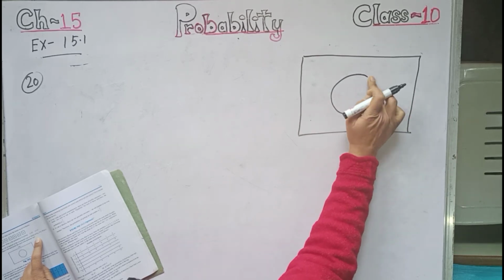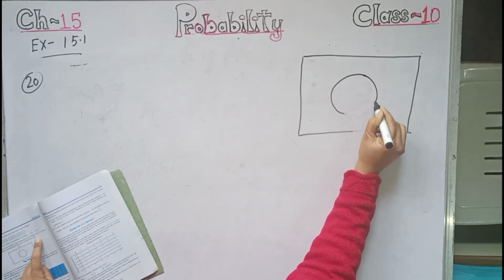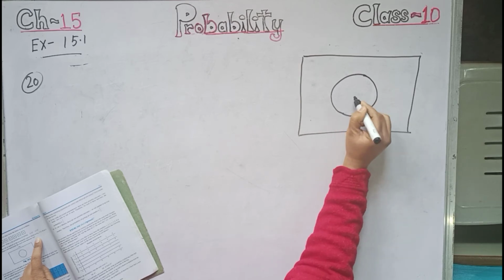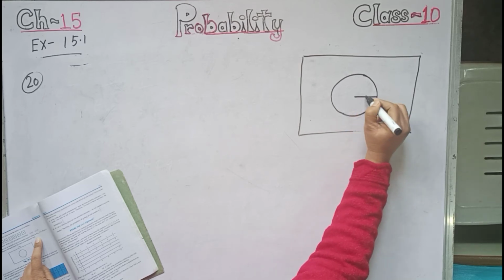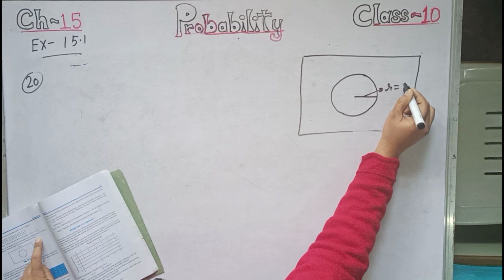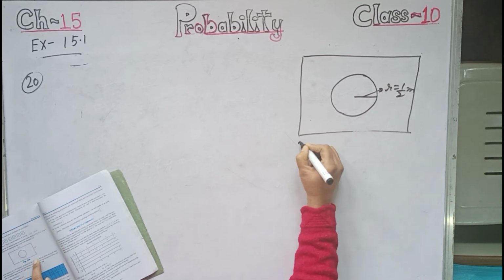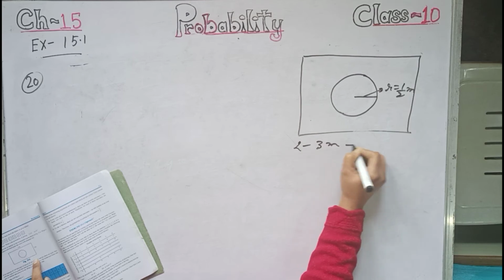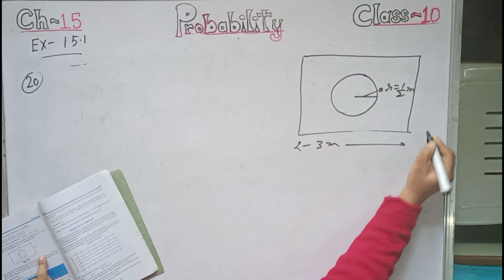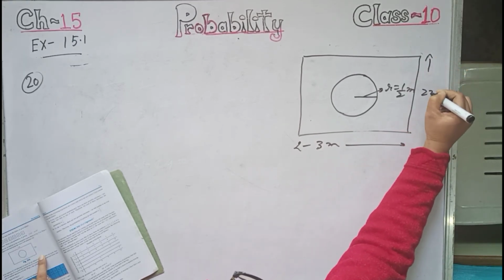So diameter is 1 meter. So radius is 1 by 2 meter. And its length is given as 3 meter. And breadth is given as 2 meter.